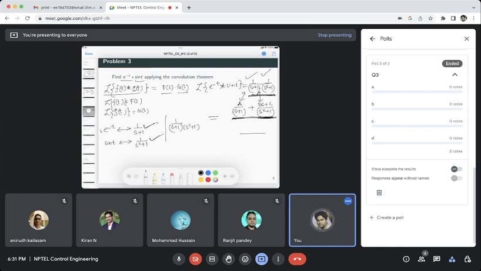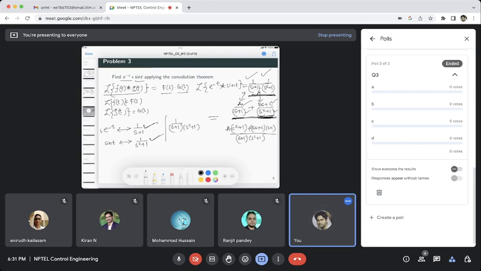In the denominator it will be (s+1)(s²+1), and in the numerator it will be a times (s²+1) plus this expression multiplied with this one. Just simple addition of these two partial fractions. Is it clear how you add two terms? Because in the denominator I am multiplying these two terms, in the numerator also I have to multiply this term with this term, right? Is it clear?